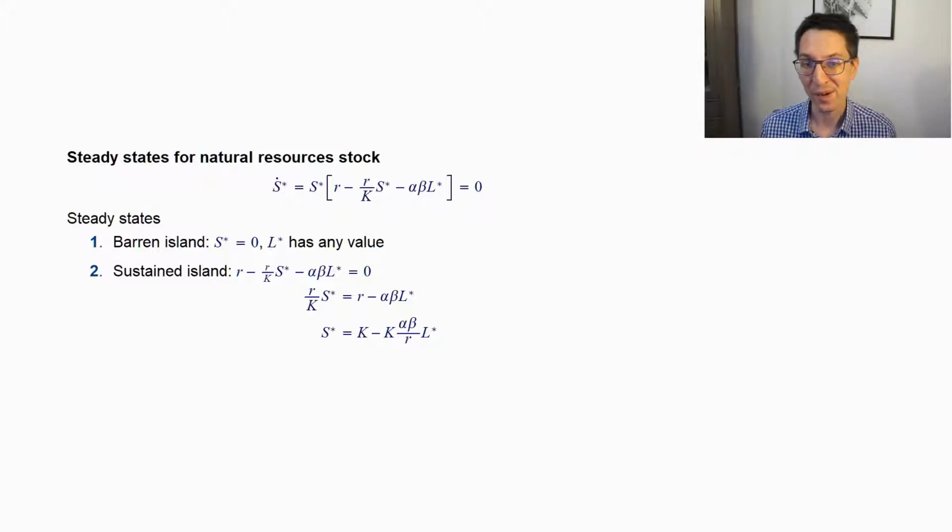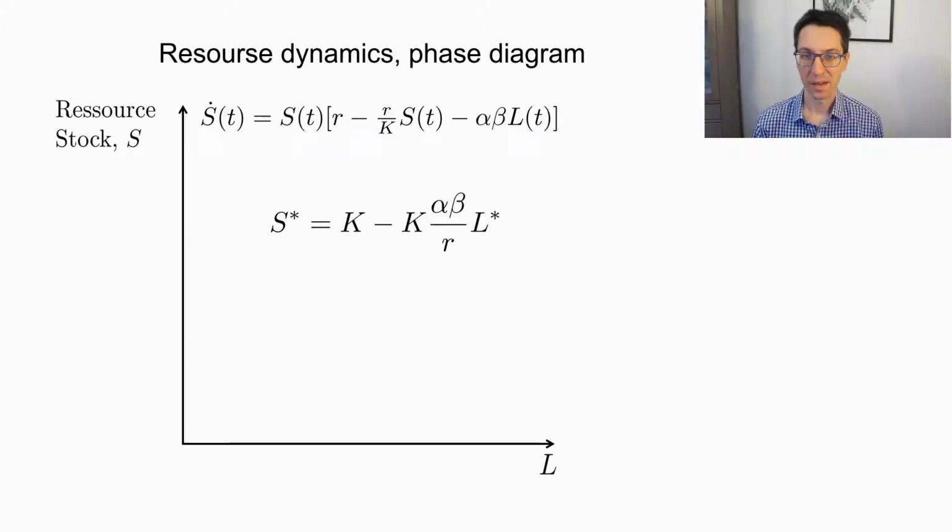Yeah. So we'll now show what we call a phase diagram to show this dynamic of S graphically, and it will make more sense. This is what we call a phase diagram. It's going to be a representation of the evolution of both stocks as a function of their values.